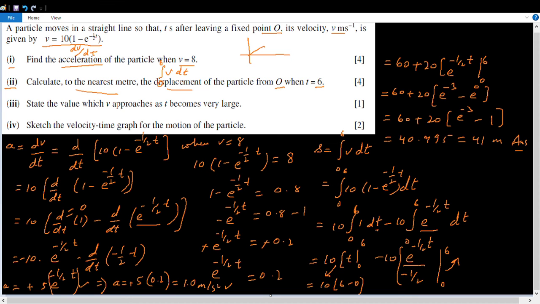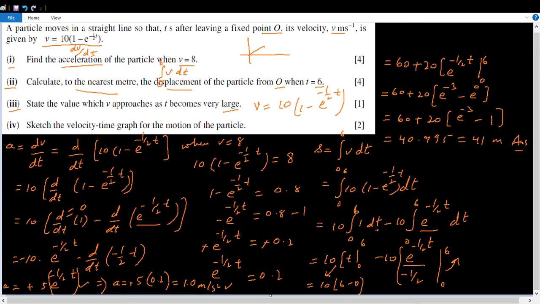Now the third part is to state the value which v approaches as t becomes very large. Okay, the function is v equal to 10 into 1 minus e power minus 1 over 2t.